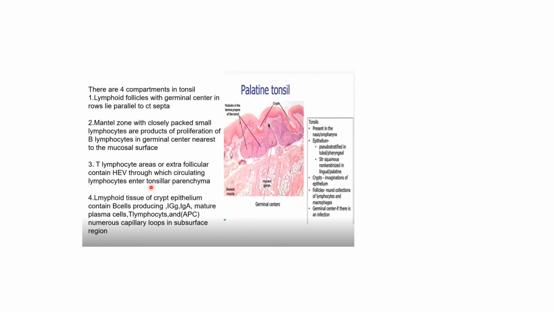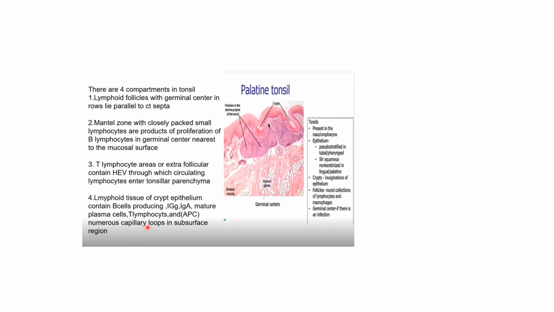Then we have the extrafollicular lymphocytes, which are associated with high endothelial venules, which are the circulating lymphocytes which enter from the circulation into the tonsillar parenchyma.